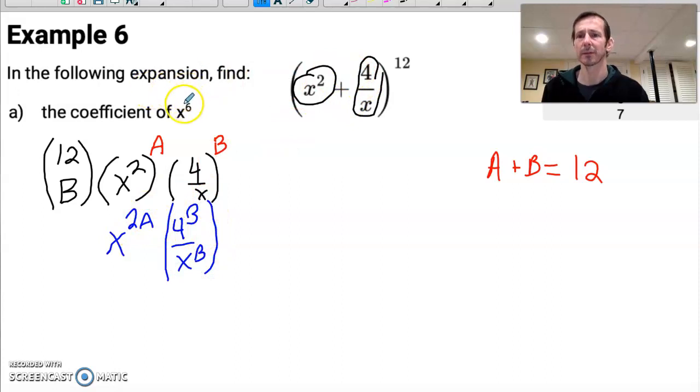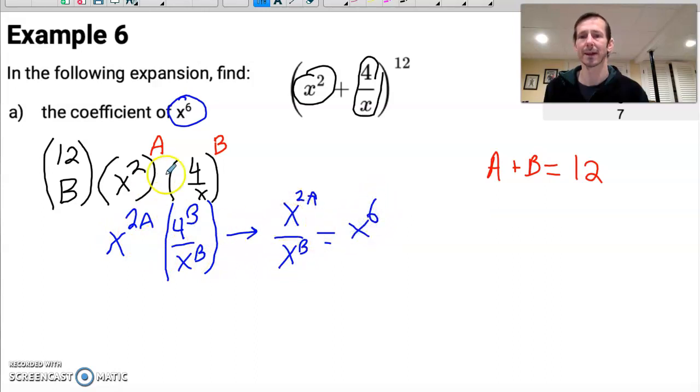And because I'm interested in x to the sixth, I can now just focus on the x's. So I'm going to ignore this piece of it right now. And I can write, I know that x to the 2a divided by x to the b, putting these two together, has to equal x to the sixth.